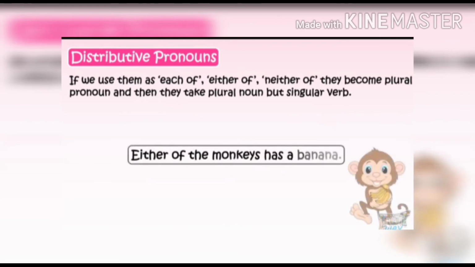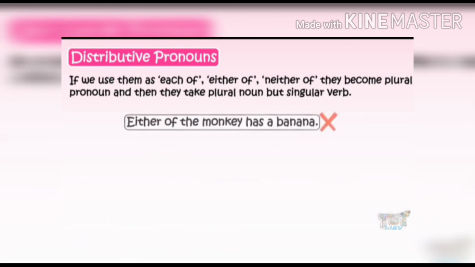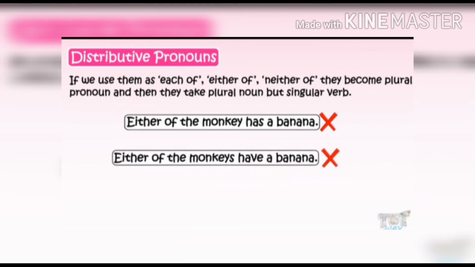Either of the monkeys has a banana. Again, we have used either of, and this is why the plural noun monkeys and a singular verb has. It would be wrong to say either of the monkey has a banana. And it will be also wrong if you say either of the monkeys have a banana.